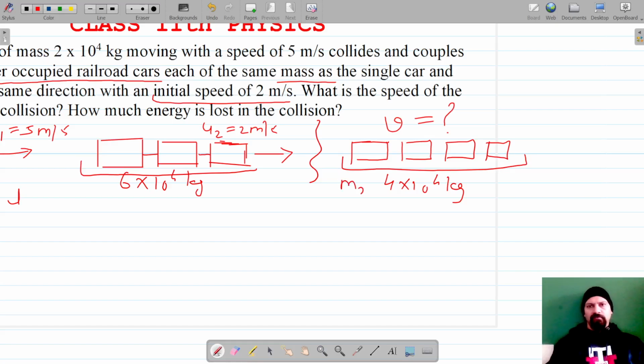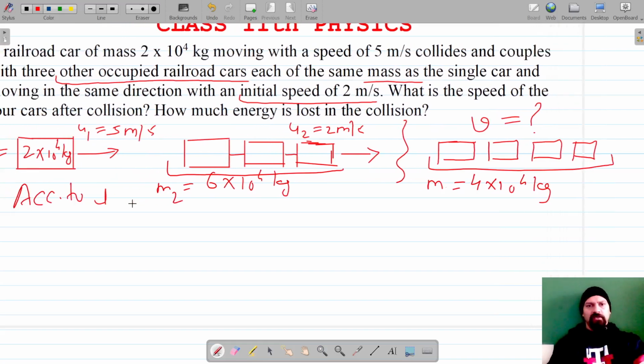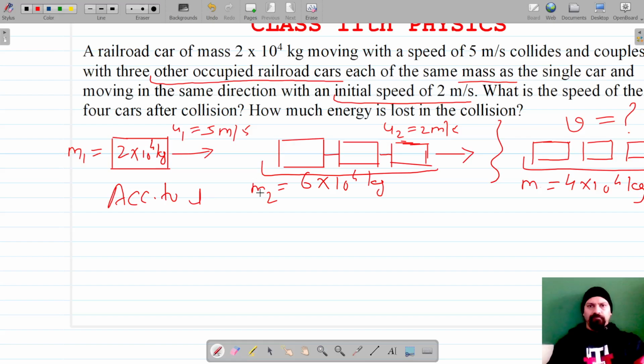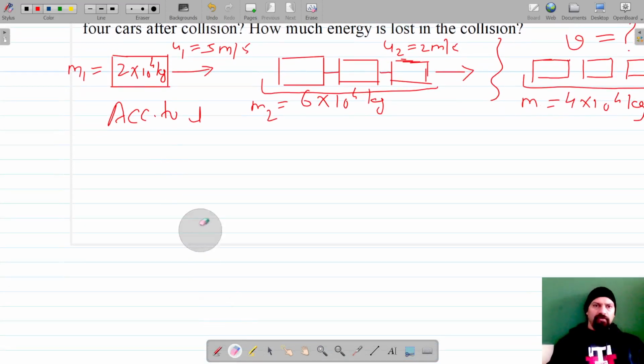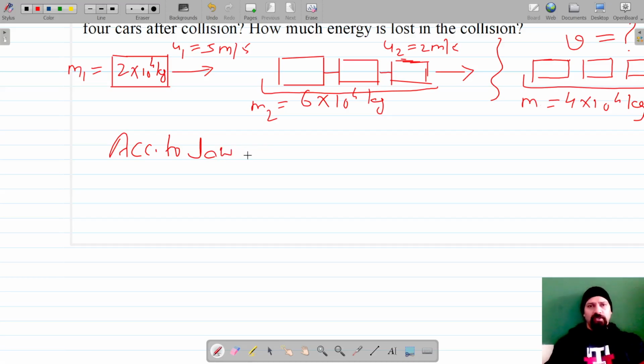Let this be their final mass m, and m2 be the initial mass of the three cars. According to the law of conservation of momentum, the initial momentum of the system is equal to the final momentum, which should give us the velocity of the coupled four cars.